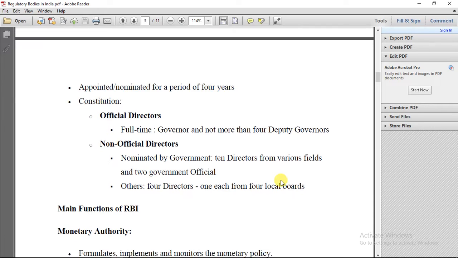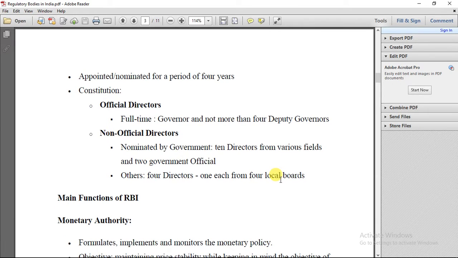Now Constitution. There are two types of directors, official directors and non-official directors. In case of official directors, governor and not more than 4 deputy governors. So there should be one governor and maximum 4 deputy governors, and they all are full-time directors.